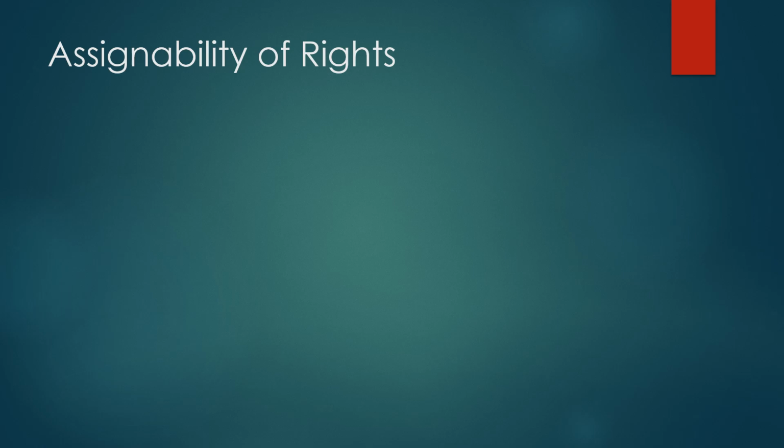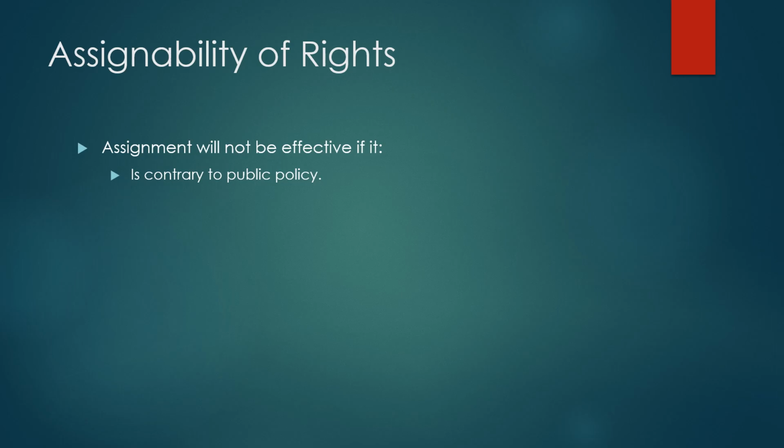Okay? Assignability of rights will not be effective if, for example, it's contrary to public policy. Just like a contract, if it's contrary to public policy, it's not going to be effective. And what that means is where the assignor normally would have rights to enforce the benefits, if it's contrary to public policy, they will not. Or if there's a non-assignment clause in the first contract, okay? So for example, in the first contract, it says you can't assign these rights to anyone.